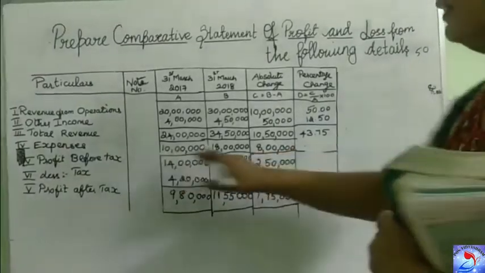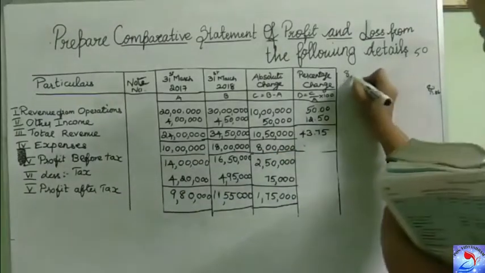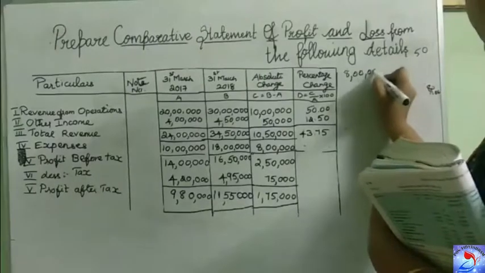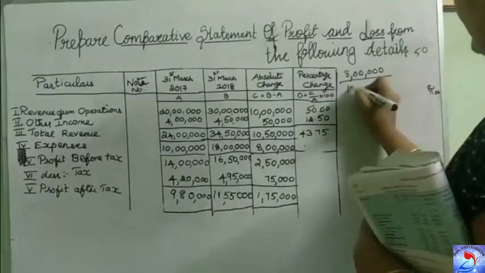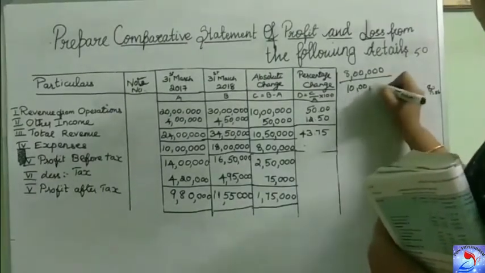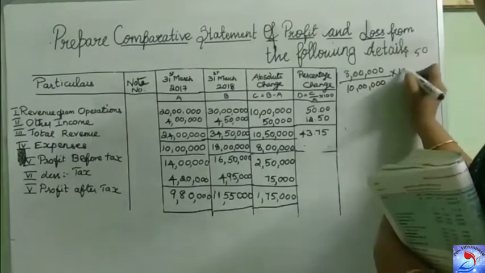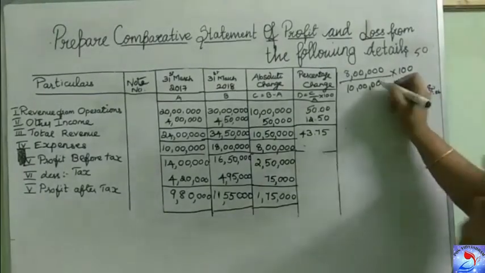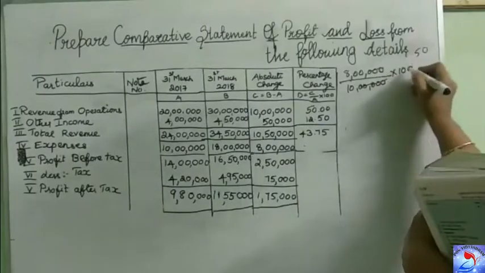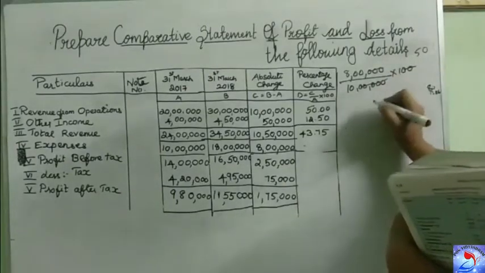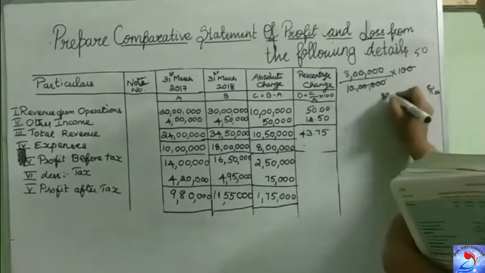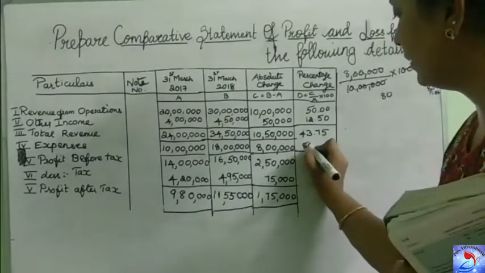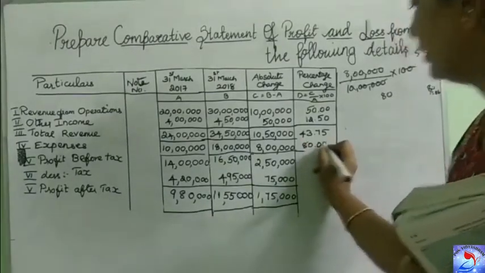Now we will calculate the percentage for expenses, that is 8 lakh divided by 10 lakh into 100, which obviously gives 80%. So 80 you can write.